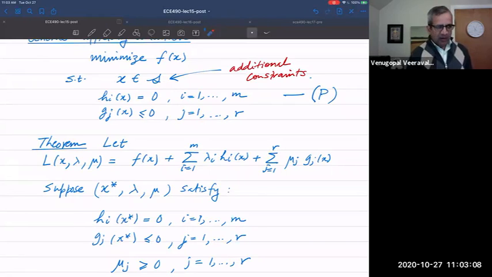But sometimes the function f, and also these constraint functions, possibly not in any example that you've seen in class, in all the examples that we've seen so far, these constraint functions are defined for all x belonging to Rn. But the objective function in some examples, when they're logs, may not be defined for all x belonging to Rn.